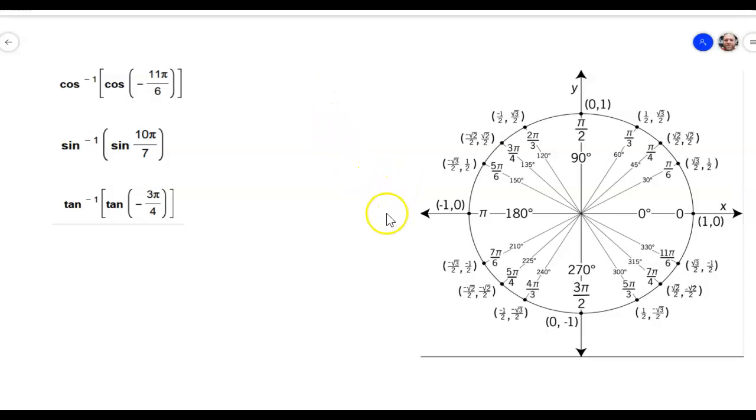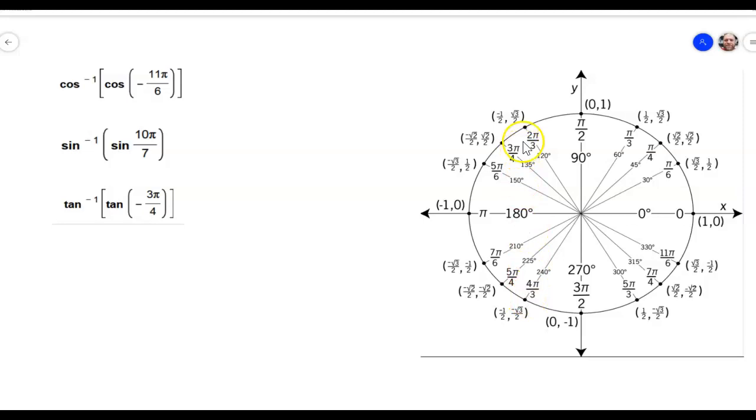For example, the inverse cosine of -1/2 is going to tell you the angle associated with -1/2. And remember, cosine is associated with the x values, and for -1/2 we have an x value at 2 pi over 3 and at 4 pi over 3.